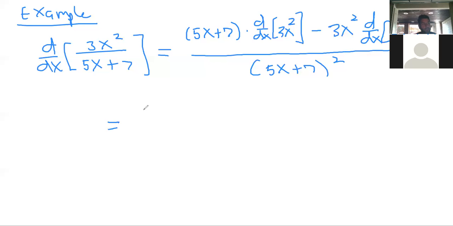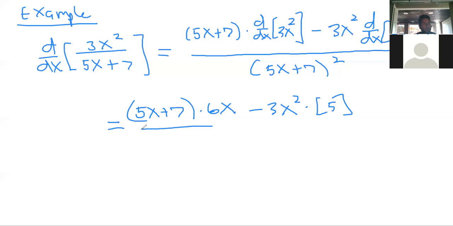So the next step would be to evaluate these derivatives. This is 6x, and this guy is just 5. And then the bottom, I'm just going to leave squared. I guess if I wanted, I could clean this up by doing some simple algebra.